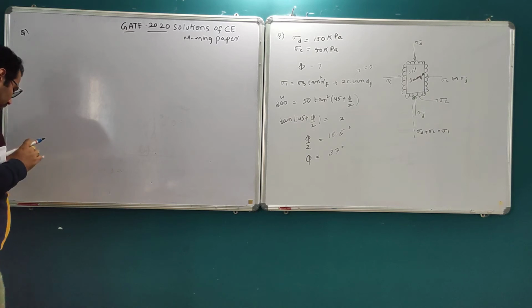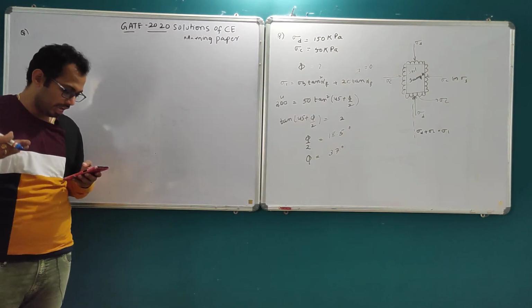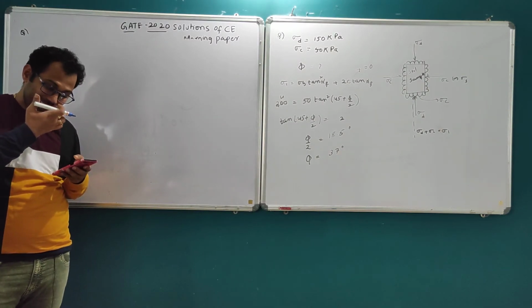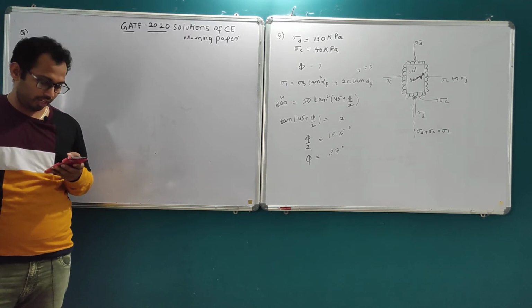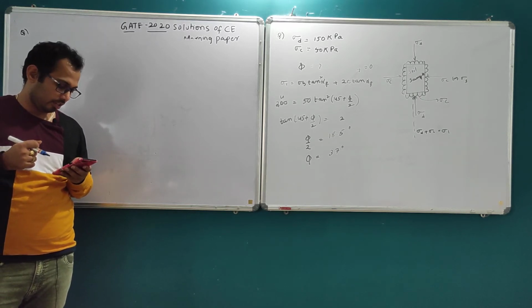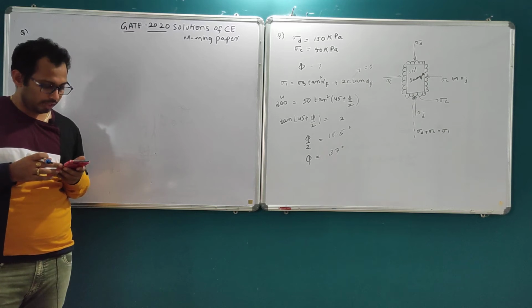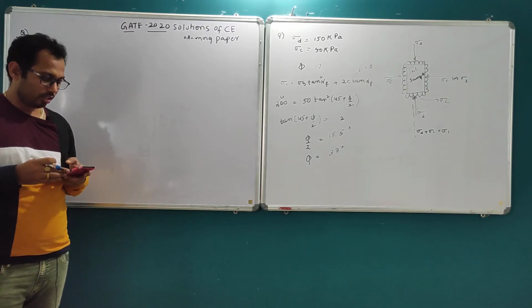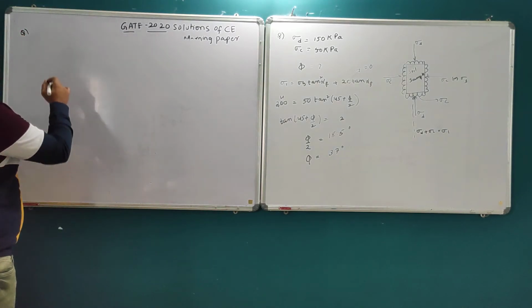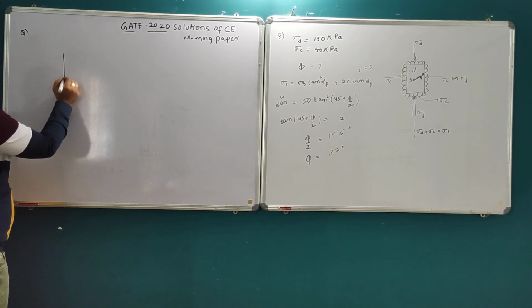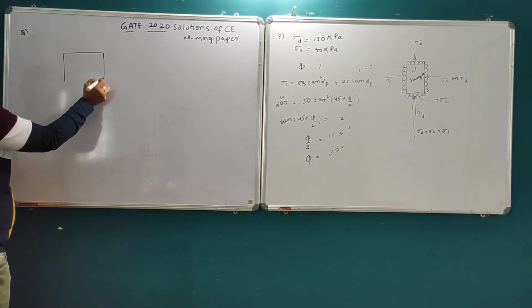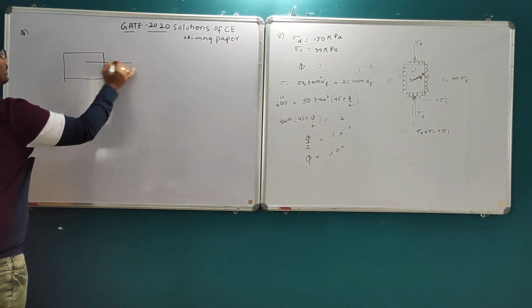A reinforcing steel bar partially embedded in concrete is subjected to a tensile force P. The figure is approximately like this. Simply what he is saying is, so he has inserted, so this is simply for understanding this.